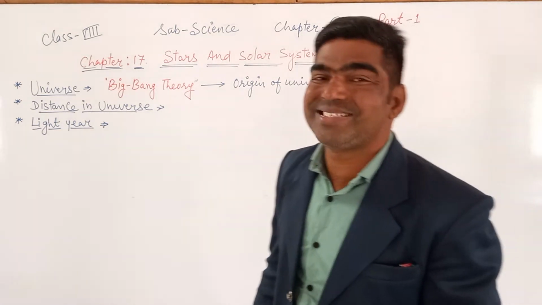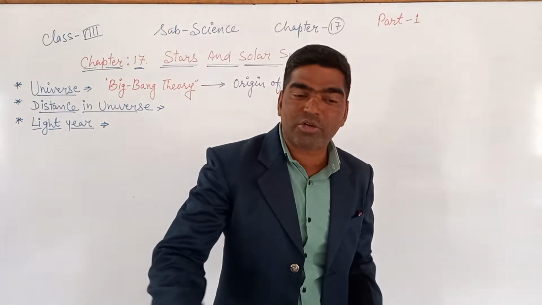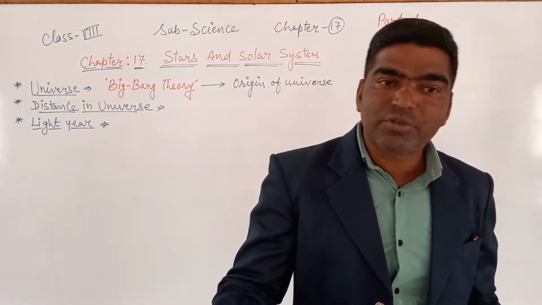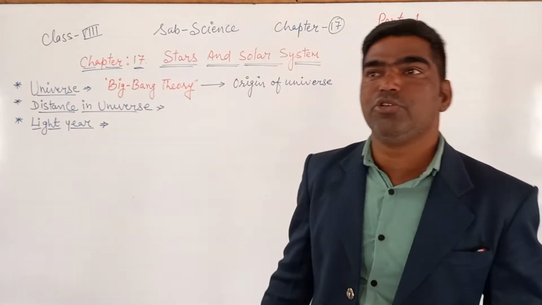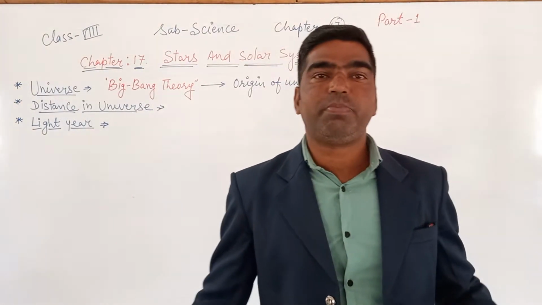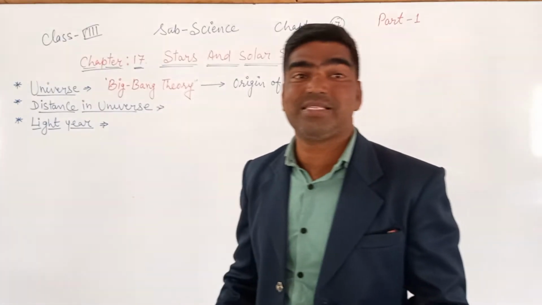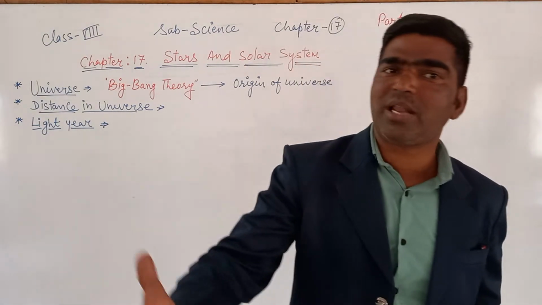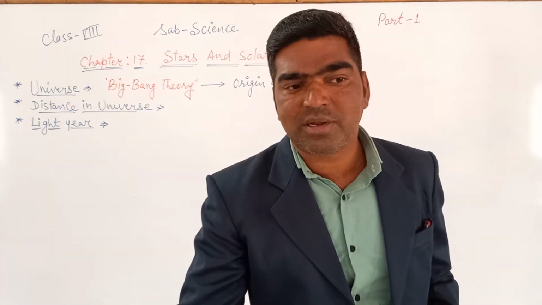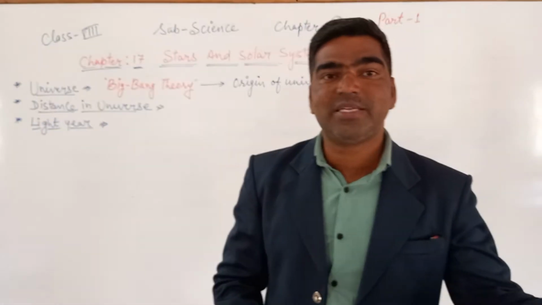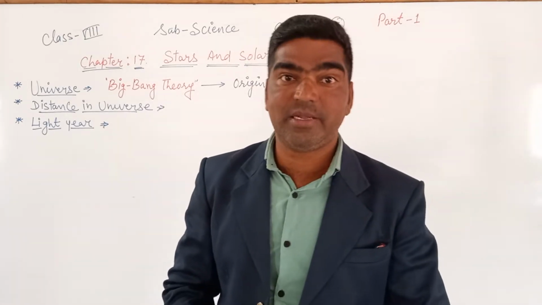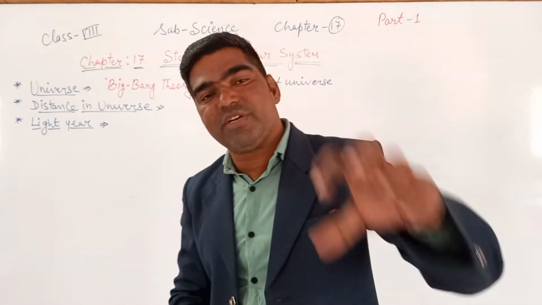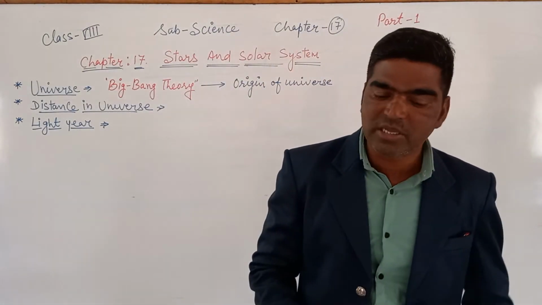It cannot be measured in kilometers, so we use a special unit called the light year. We will also discuss how many kilometers are in 1 light year, and what we mean by a light year. We discuss all these things in today's class.